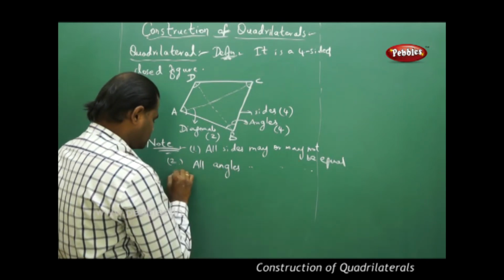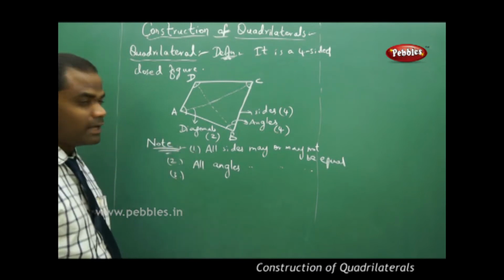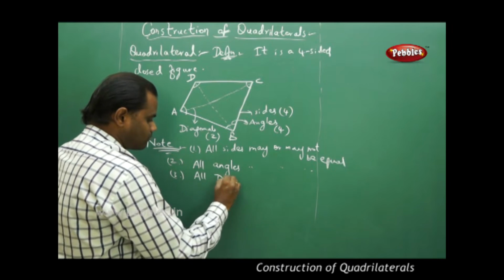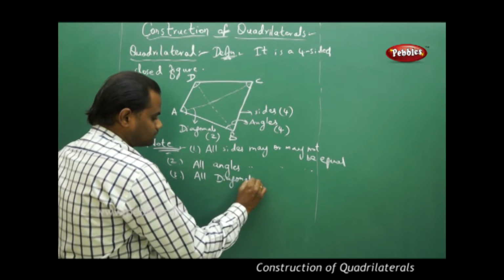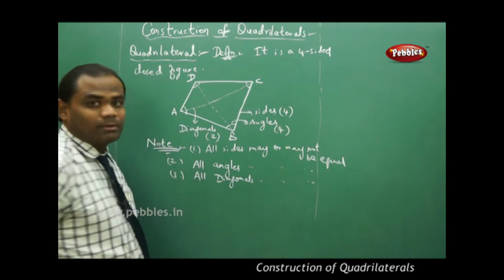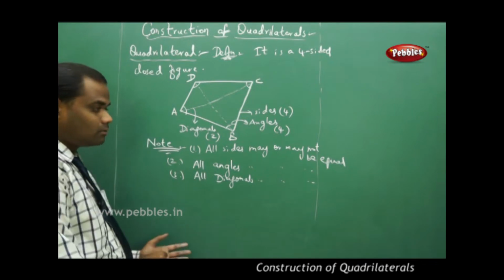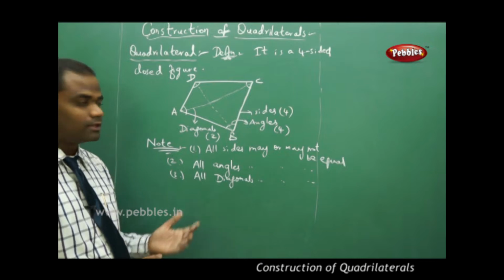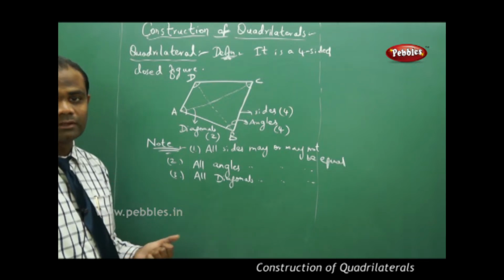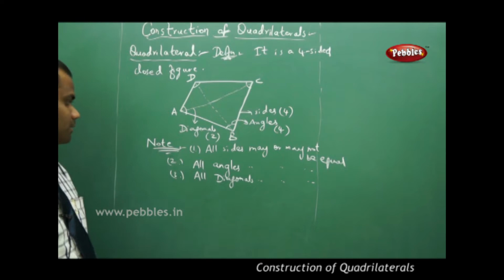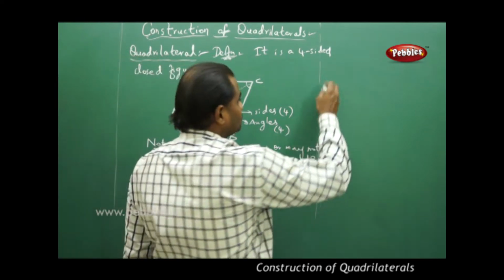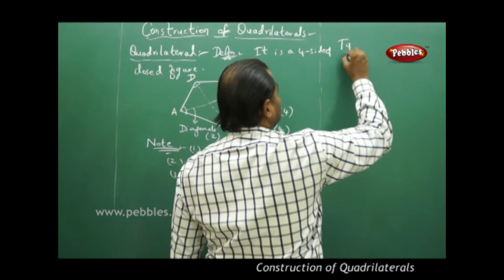The diagonals also may or may not be equal. If they are equal, they are given different names which we're going to see in the next session. So when they're equal, what are the different types of quadrilaterals which we have in mathematics? So before this, let's discuss how the different types of quadrilaterals are constructed.